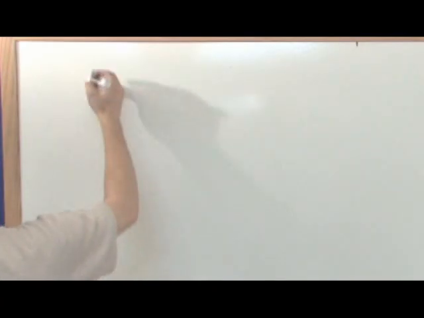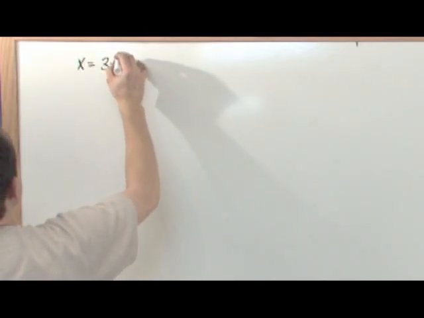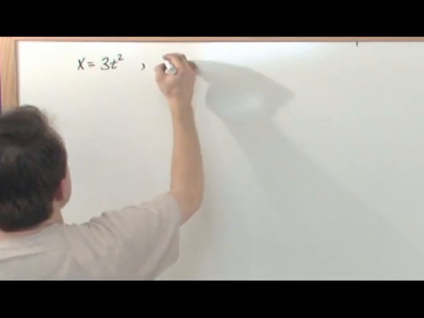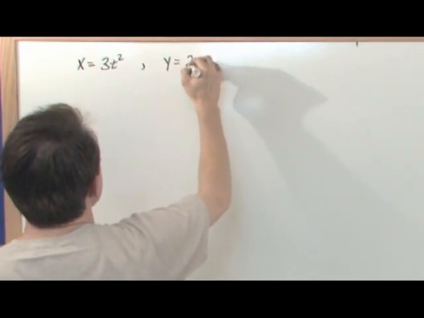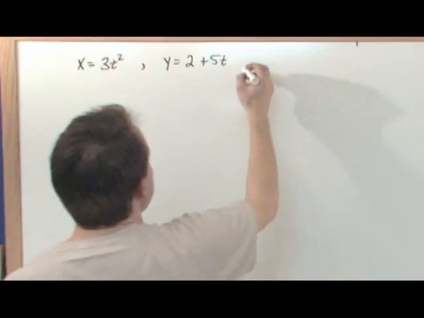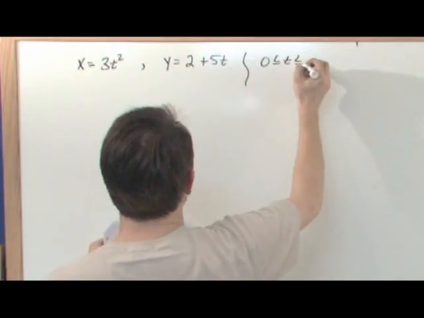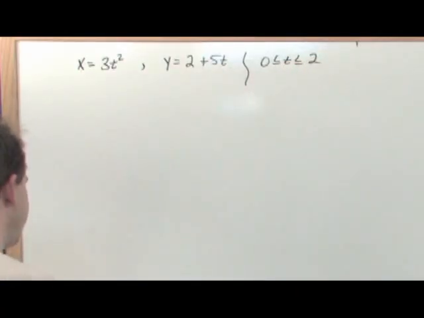Okay, now the next problem is going to be x is equal to 3t squared, and y is equal to 2 plus 5t. Those are my parametric equations, and t goes from 0 to 2. In this case, the problem was actually given to us that t goes from 0 to 2. So that's what I'm bound by.